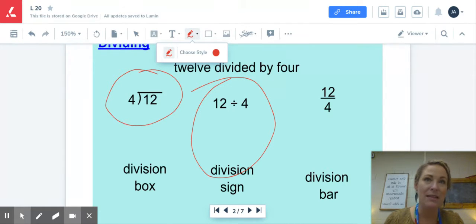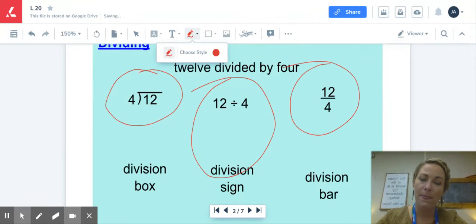And last but not least, this is probably the most recent that you've seen, and one that you'll see quite a bit this year. Really, the whole reason why we're spending a day looking at this review anyway, because we will dive into so much fraction work here in 5th grade, is this division bar or a fraction bar. And when you see this, you're going to read top to bottom.